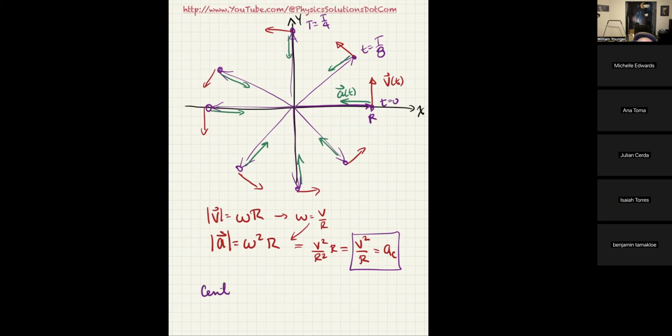Notice what I said there. Centripetal acceleration.